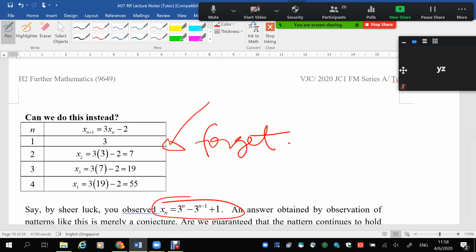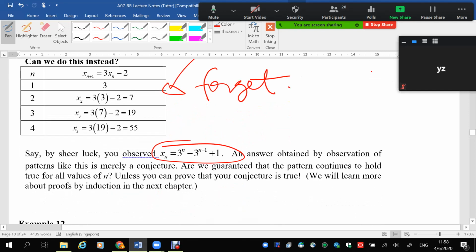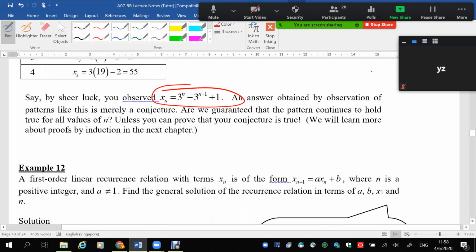So far so good. Okay, so I have settled the numbers, as in I've gone through one example involving actual numbers. Now I'm going to generalize for you with all the unknowns. So when we do generalization, first order linear recurrence, this time round I have no numbers, it's all in terms of variables: x subscript n plus 1 equals a multiplied by xn plus b.